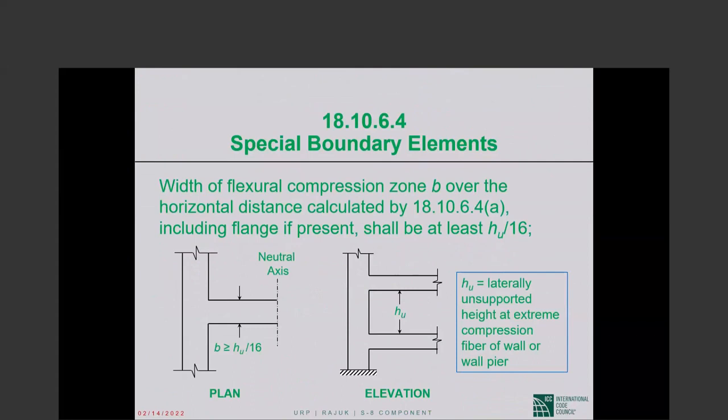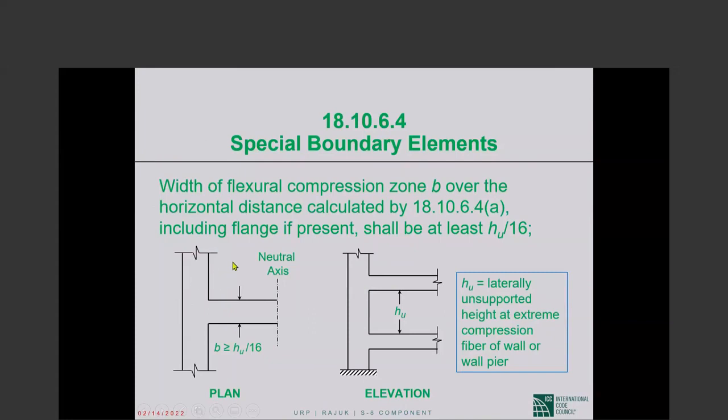Okay, some 2014 requirements. The thickness of the flexural compression zone. 318 says width. In my way of looking at it, we are talking about the wall thickness, including the thickness of the boundary element.